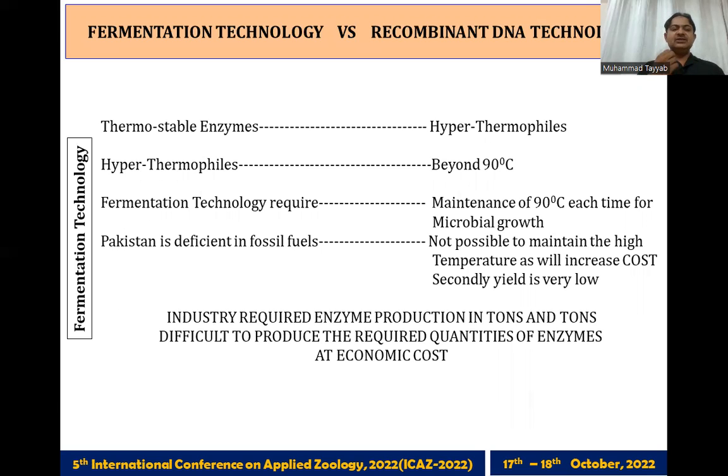But if we are interested in the production of thermostable enzymes, definitely the source will be hyperthermophilic microbes, and we know that hyperthermophilic microbes can be grown beyond 90 degrees Celsius. Fermentation technology requires the maintenance of 90 degrees Celsius for each batch of microbe so that it can grow and produce the desired amount of enzymes.